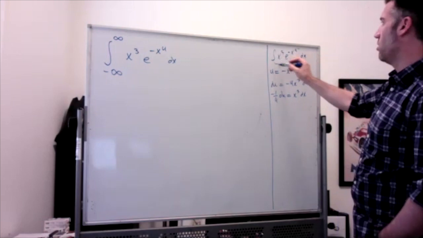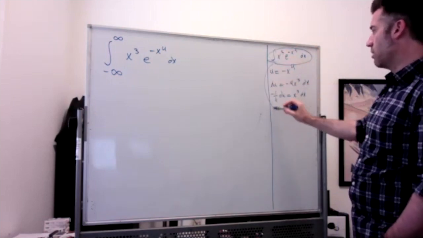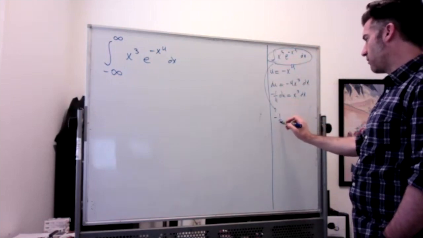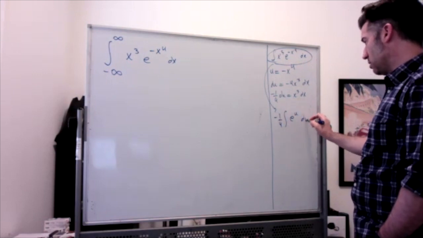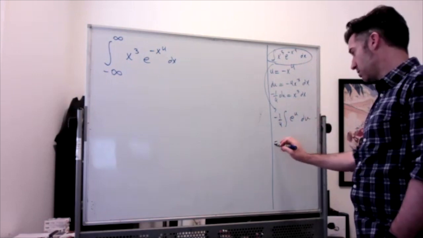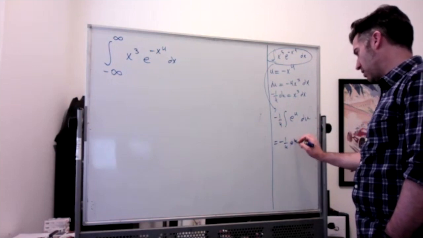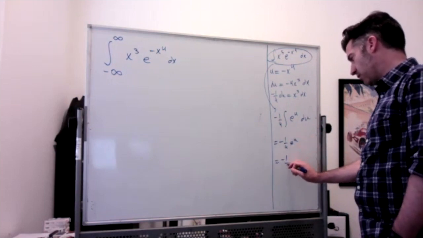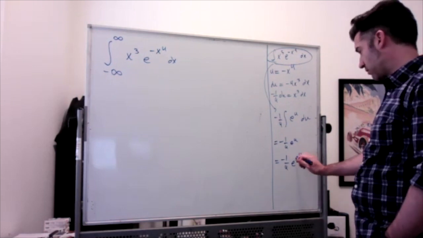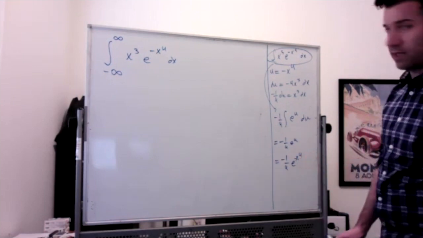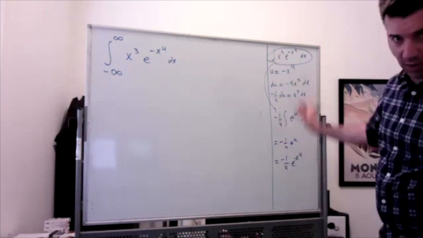Then my integral becomes negative 1/4 the integral of e to the u du, which is just negative 1/4 e to the u, which is just negative 1/4 e to the negative x to the 4th. I didn't write plus c because this is just my own work on this side. So then we can come back and deal with this.